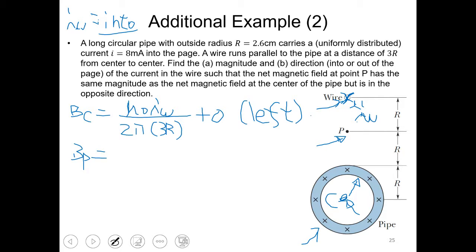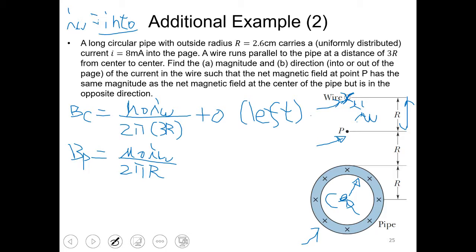So at point P, we need to calculate the magnetic field contributed by the wire, which will be mu_0 I_W over 2 pi R. The distance is this one.